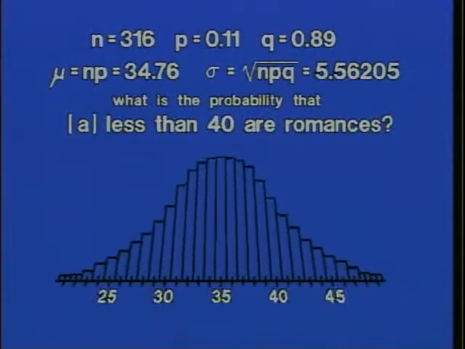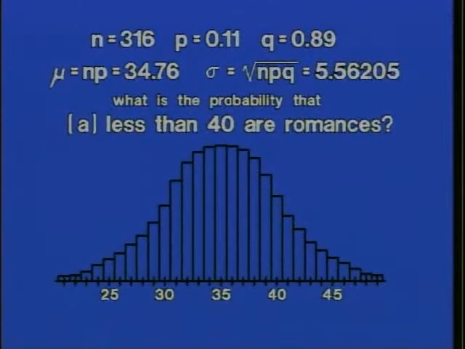Now we begin the idea with the binomial distribution associated with this problem. Now notice that at the bottom these are some numbers of books, and the bars above those numbers of books correspond with the probability associated with that number of books being sold, that number of romances being sold.